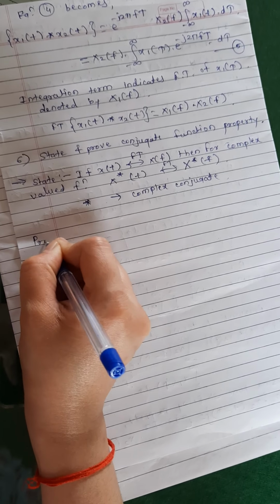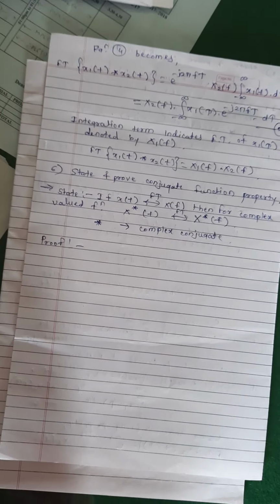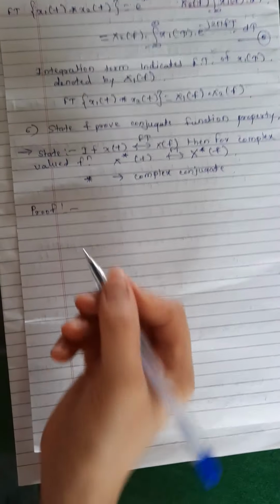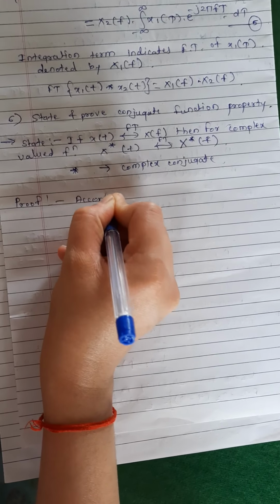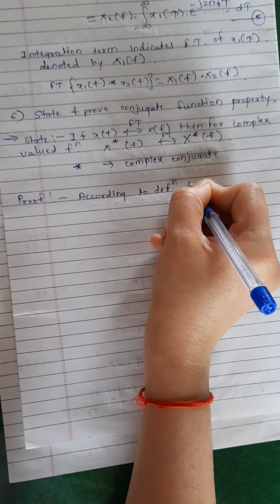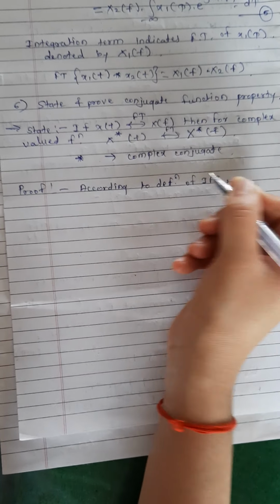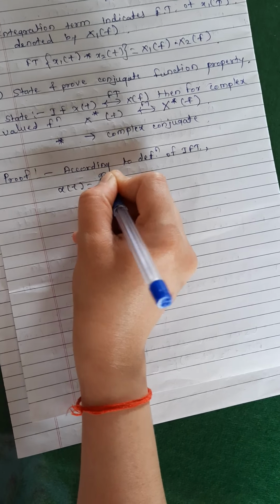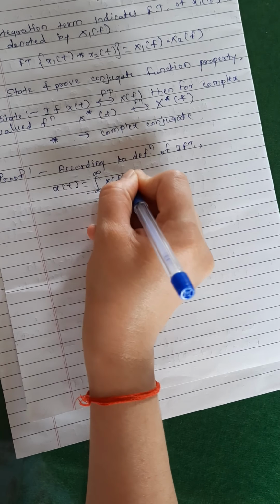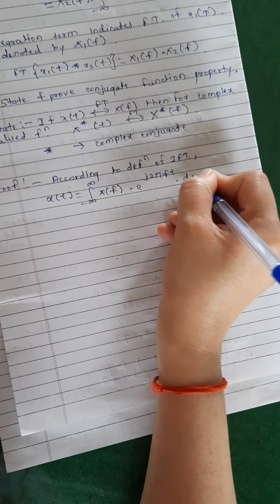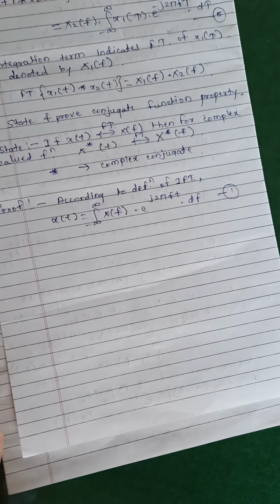So now we write down the proof for this. According to the definition of inverse Fourier transform, x of t is equal to the integral from minus infinity to infinity of X of f e raised to j 2 pi f t df. This is equation number 1.